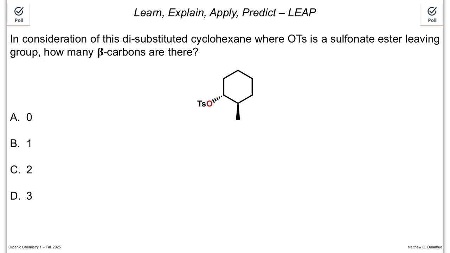So in this compound, next question, how many beta carbons are there?